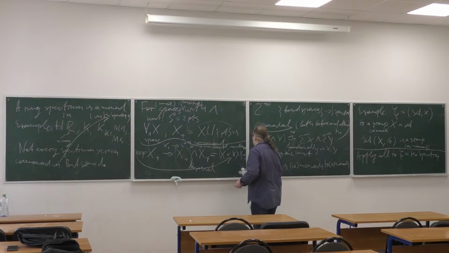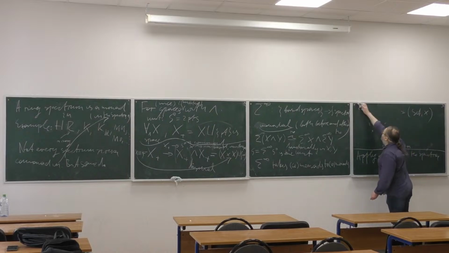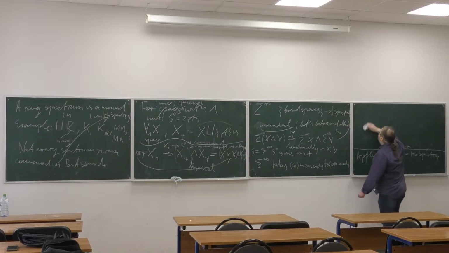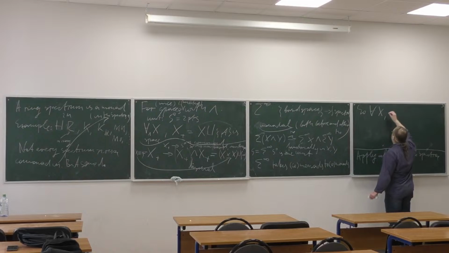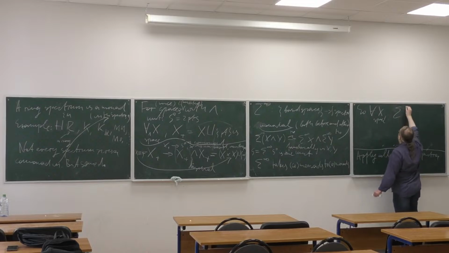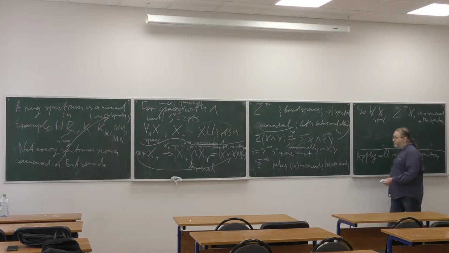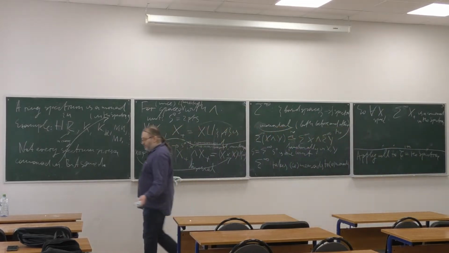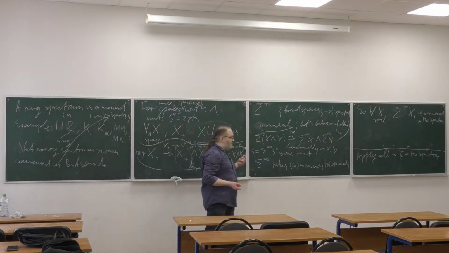So for every space X, the suspension of X plus is a comonoid in spectra.